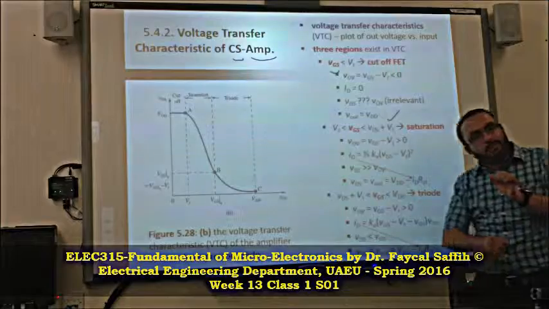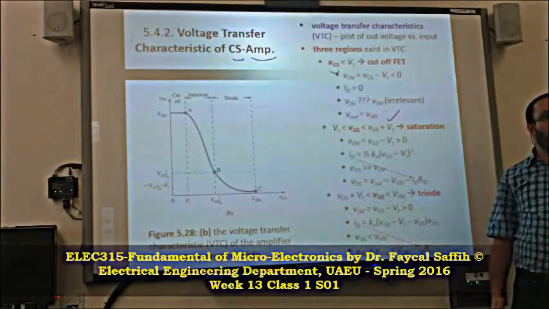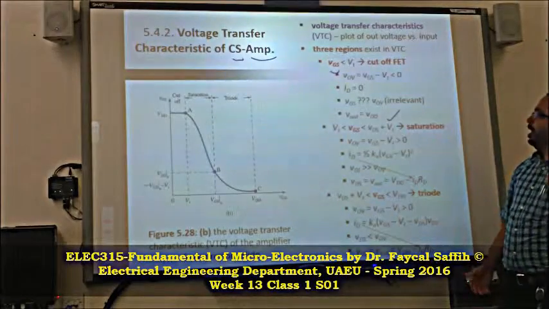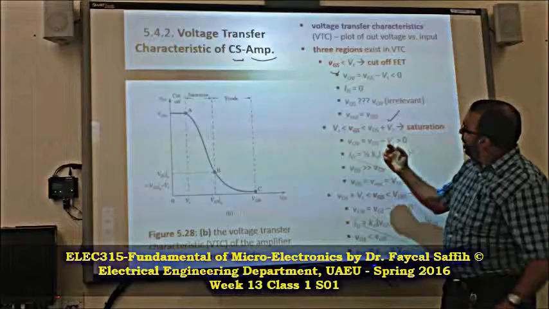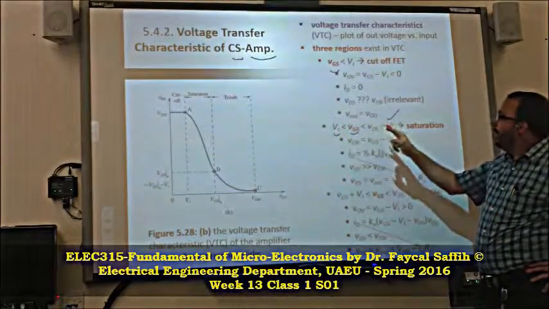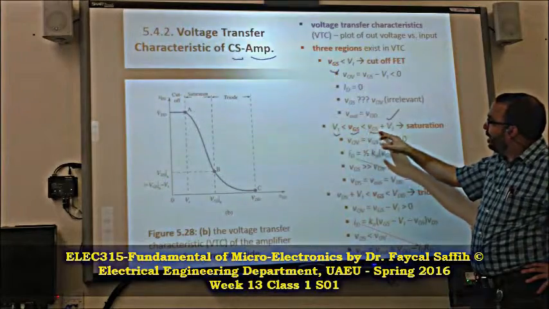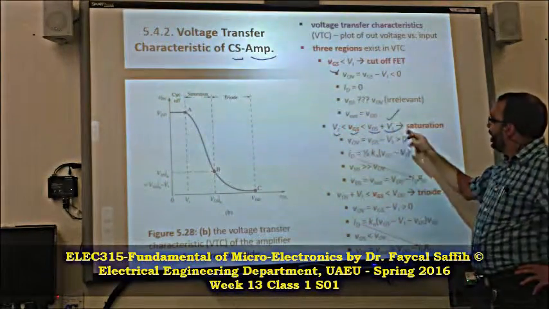Now, as we push VGS a little bit above VT, what do we get in the first phase? Very good. Now VGS is a bit bigger than VT, but still less than VDS plus VT. Why are we here in saturation?